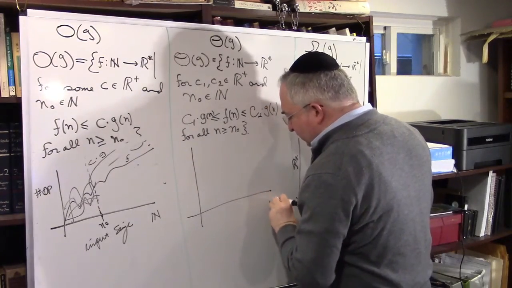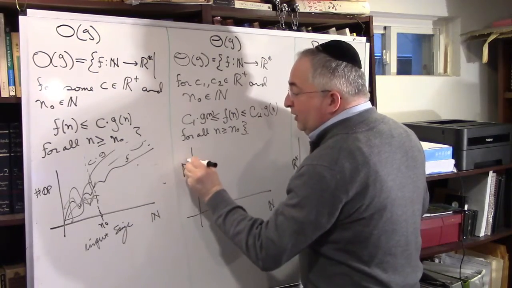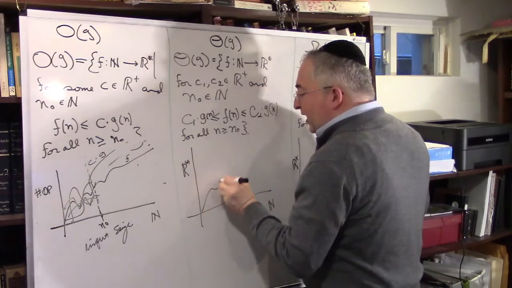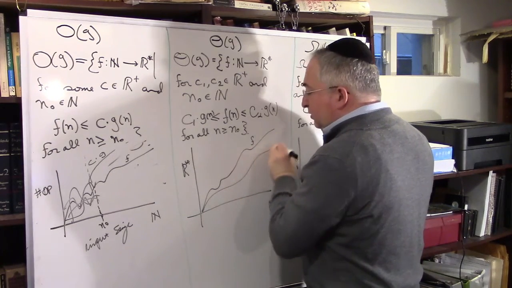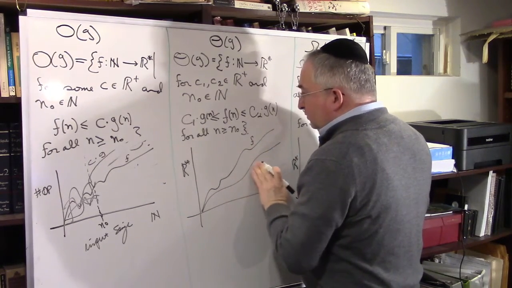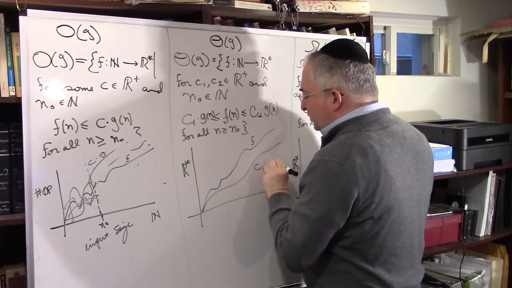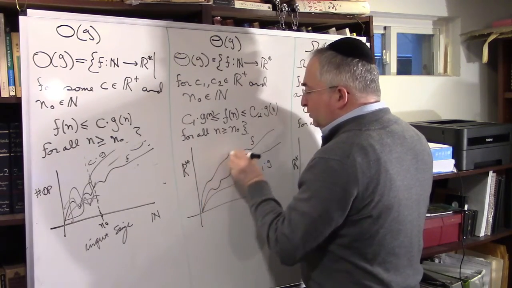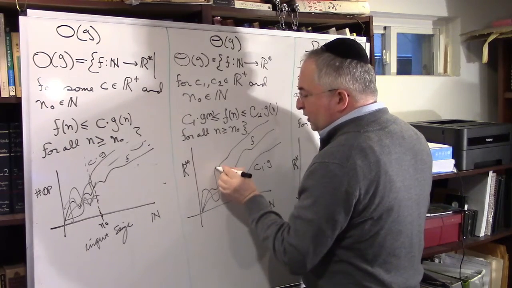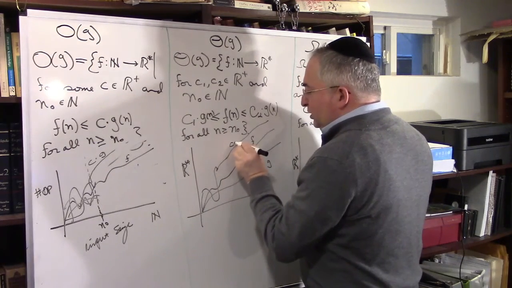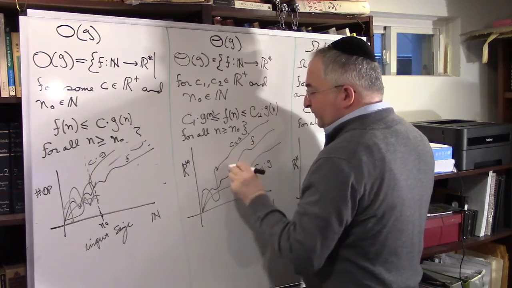Here's the natural numbers. Here's the real star. Again, I don't care what happens in the beginning, but this is C1 times g. I don't want to make it particularly loony in the beginning. This is C2 times g.